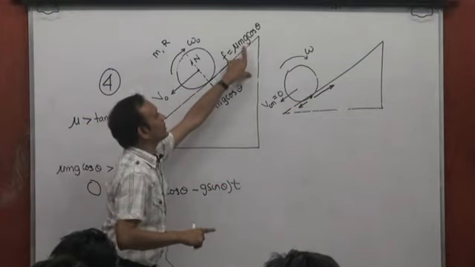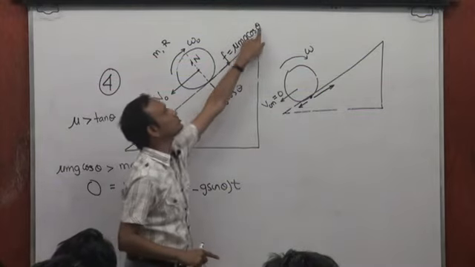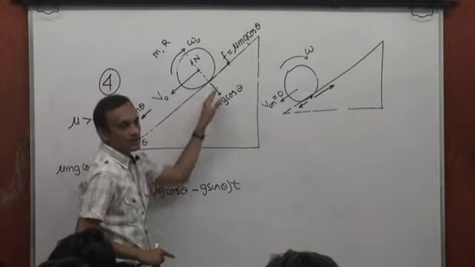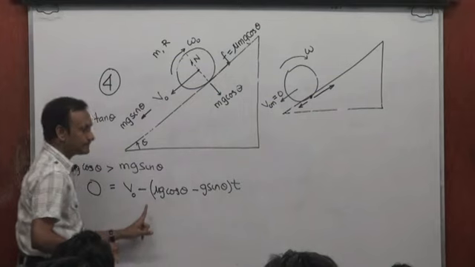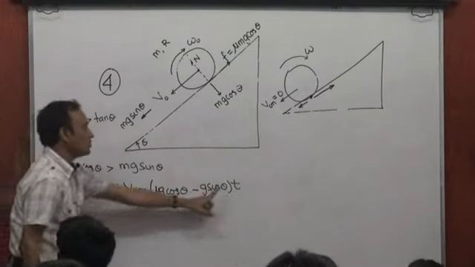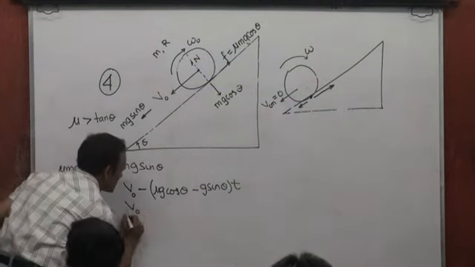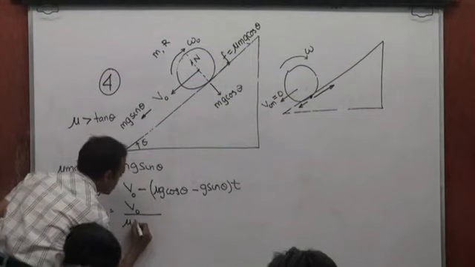What's the force in the upward direction? Mu mg cos theta minus mg sin theta. So the acceleration in the upward direction is mu g cos theta minus g sin theta, but acceleration upwards is the retardation here. So you know the time t in which the velocity of the center of mass becomes 0.